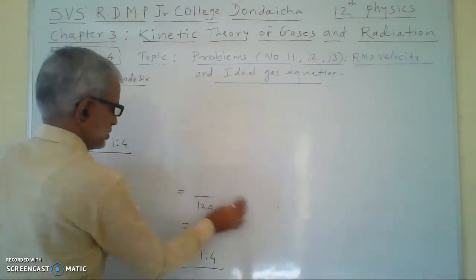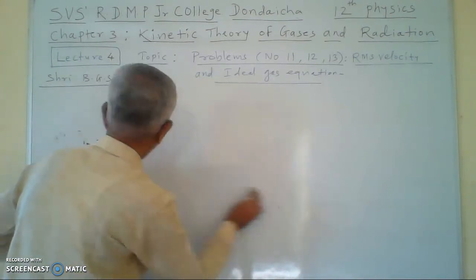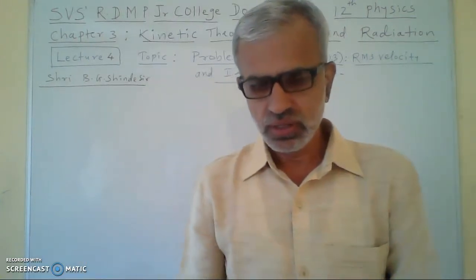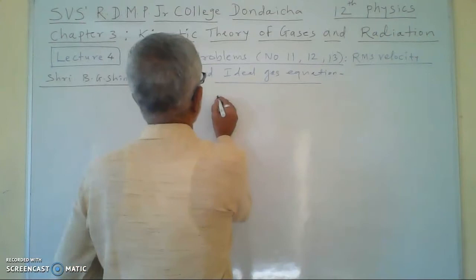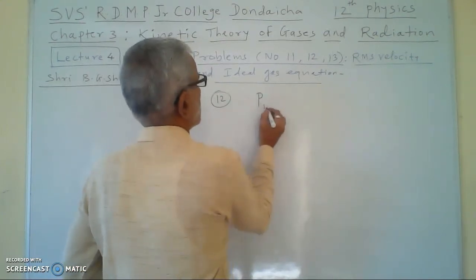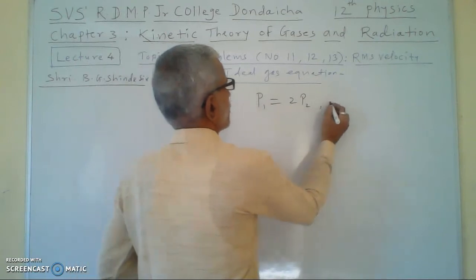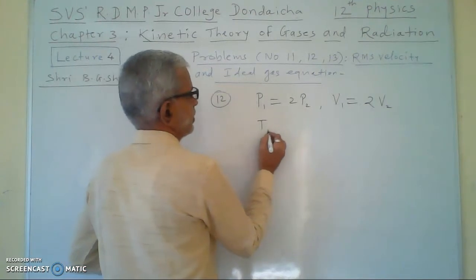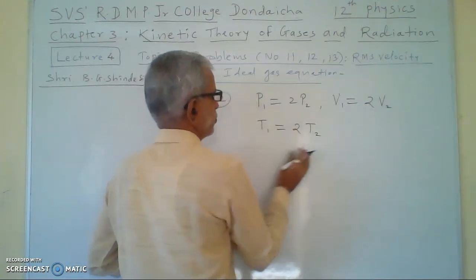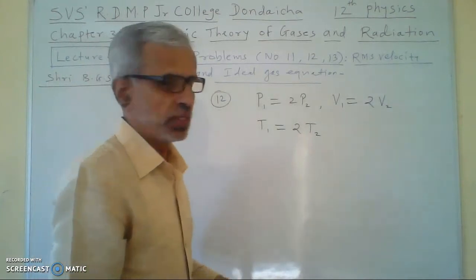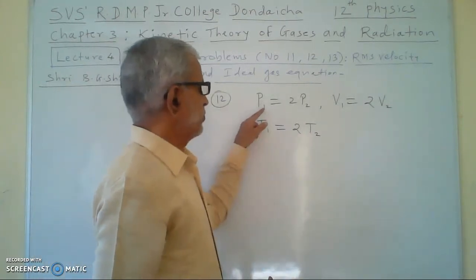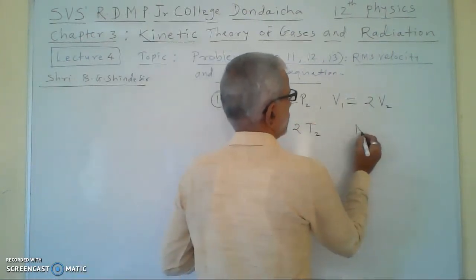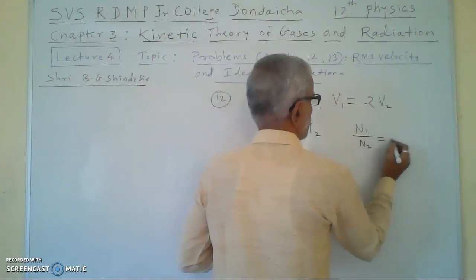In this problem we are given P1 is equal to twice P2, V1 is equal to twice V2, T1 is equal to twice T2. These quantities are given. This 1 is for vessel A and 2 for vessel B. Then we find what is N1 upon N2.